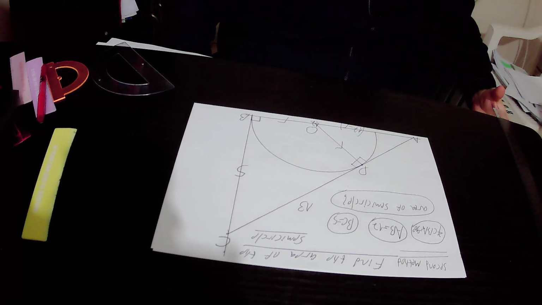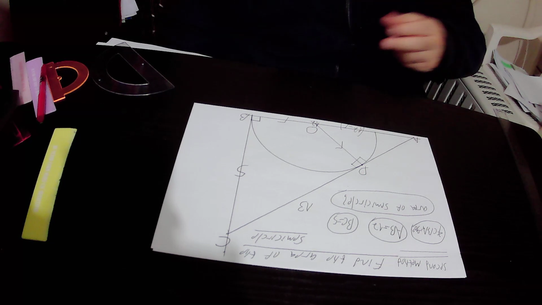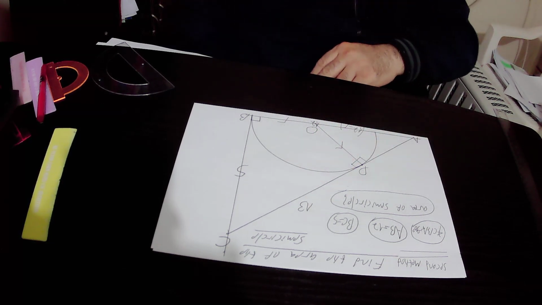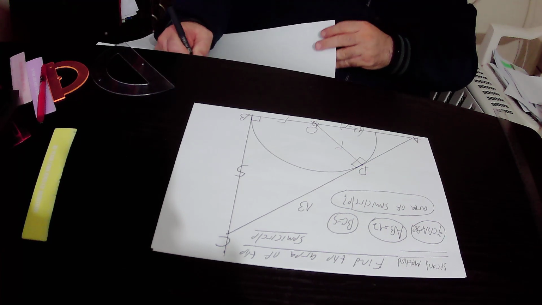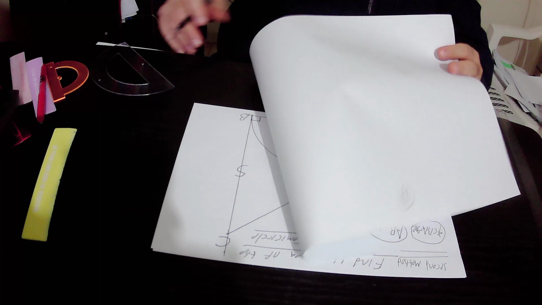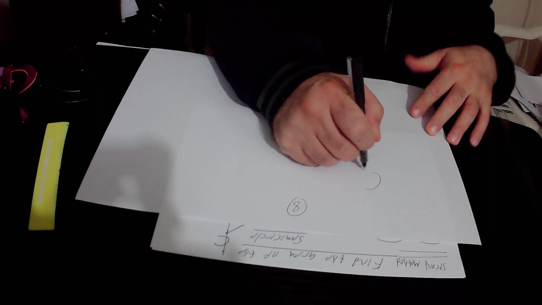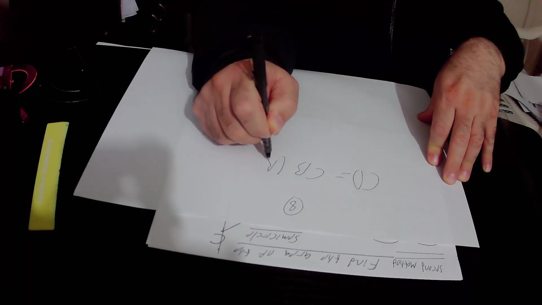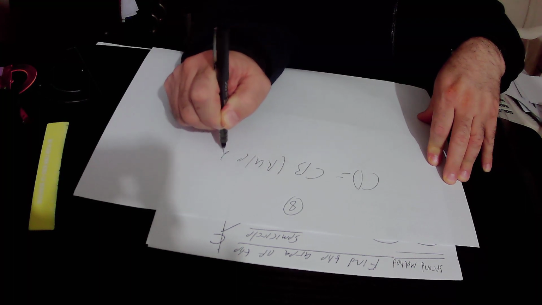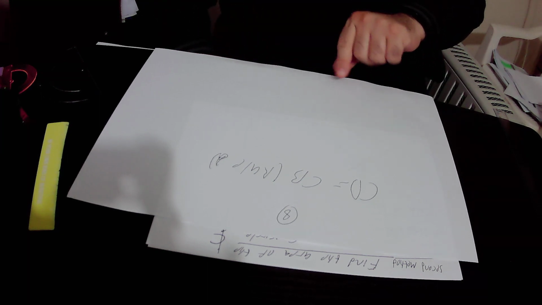According to rule number 2, they are equal to each other, because whenever you have two tangents from an external point to a circle, they are equal to each other. That is to say, CD equals CB, according to rule number 2, or the two tangents theorem.